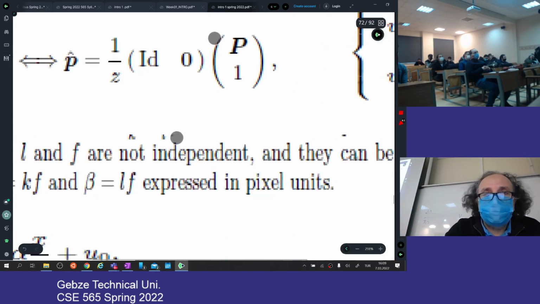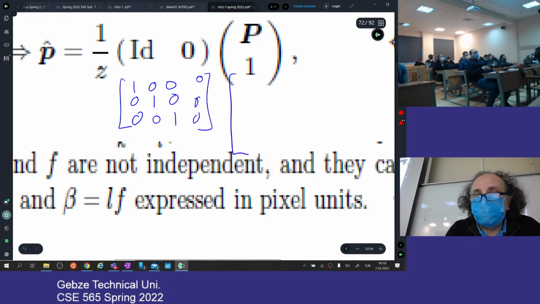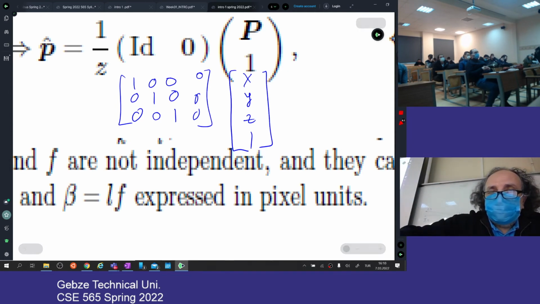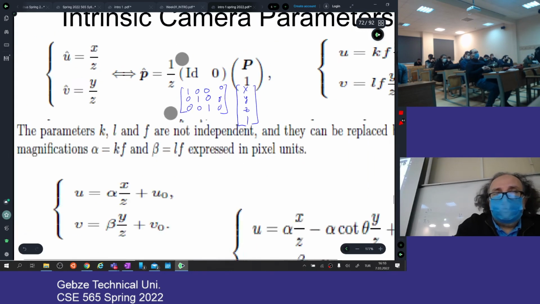So if I open this up, it will be 1 0 0, 0 1 0, 0 0 1, and 0 0 0. Multiply it with my real world point X, Y, Z, 1. So this 0 is actually a 0 vector. These three numbers correspond to this one, and this is the ID. Multiply it with this one, divide it by Z, and you get the P hat.